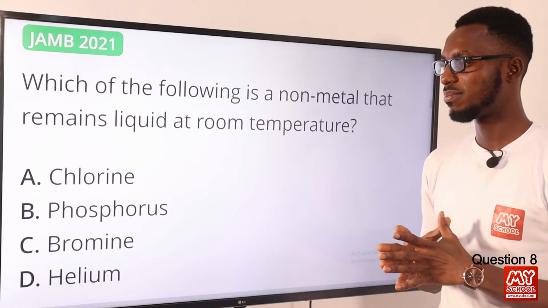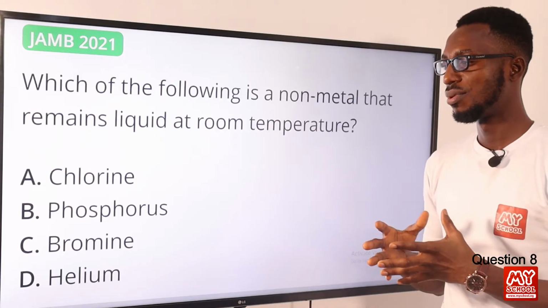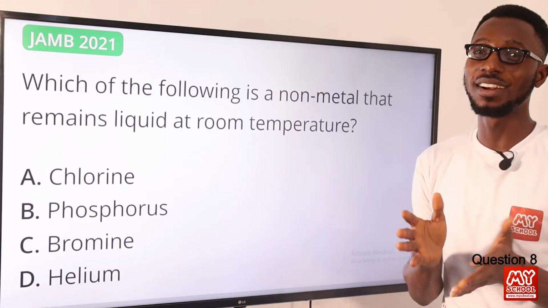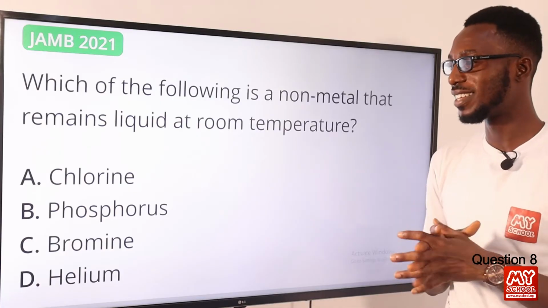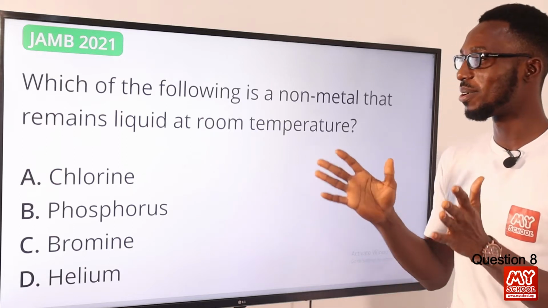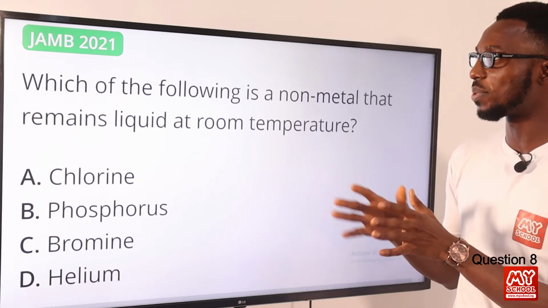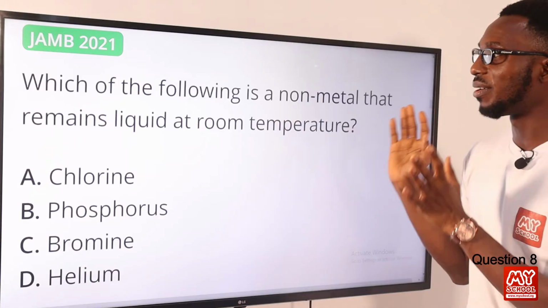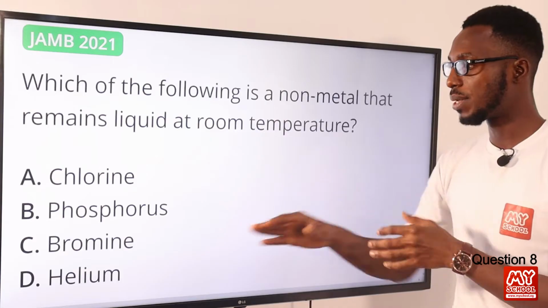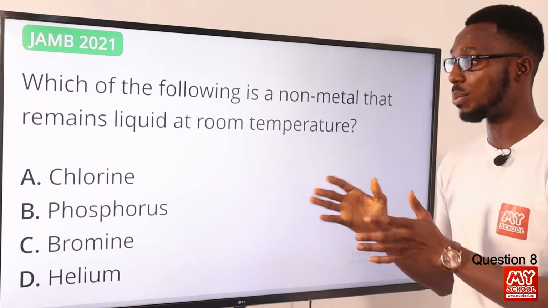Some presentations will tell you dark brown, some will say red brown, but I think we should agree on brown with different shades. Phosphorus is a solid. So that property belongs to bromine. Bromine is the correct option.